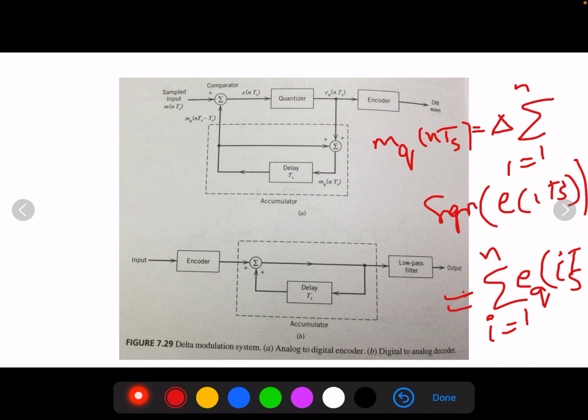Thus at the sampling instant nTs, the accumulator increments the approximation by a step delta in a positive or negative direction, depending on the algebraic sign of the error signal e(nTs).